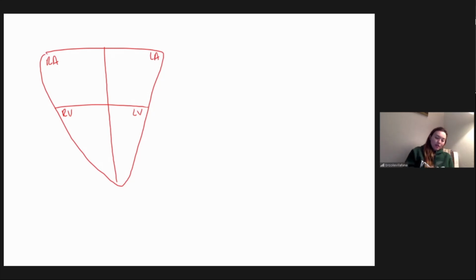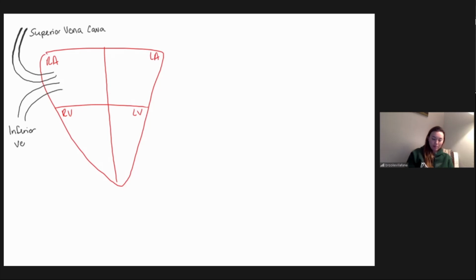So the right atria is going to receive blood from the superior vena cava and the inferior vena cava. So those are two of the vessels that will bring blood back to the heart. The superior vena cava is going to bring deoxygenated blood from the armpits up.